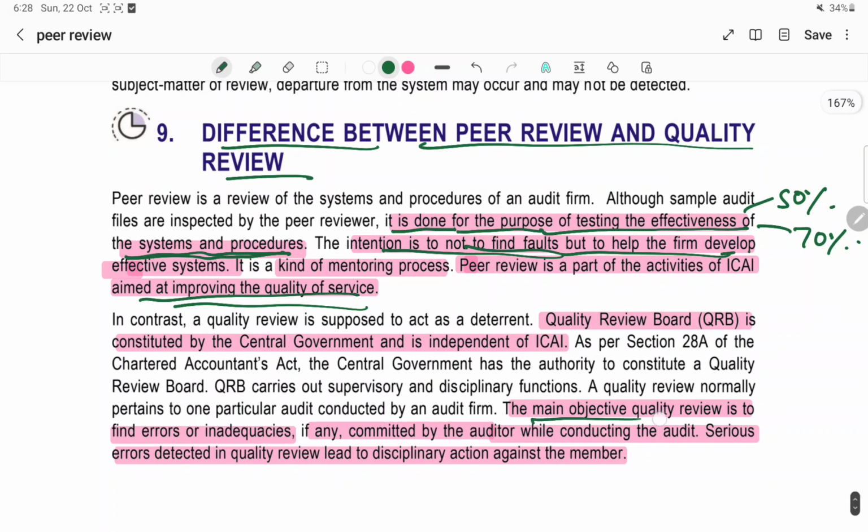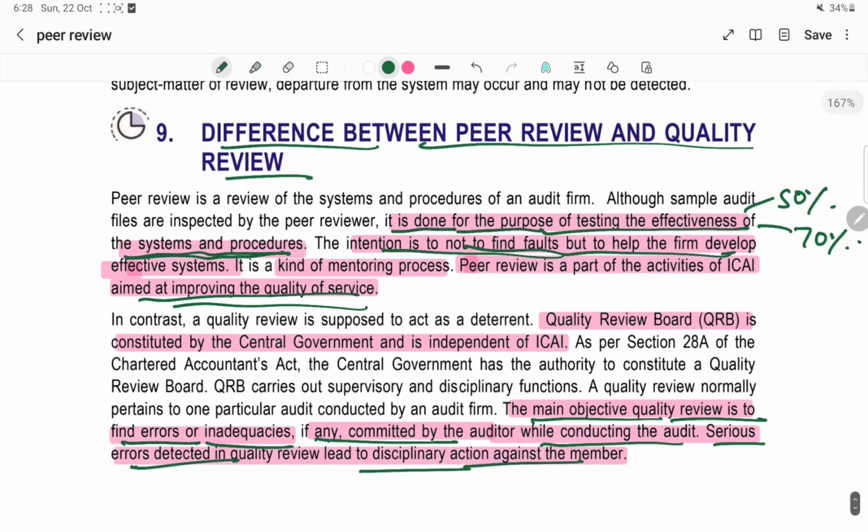But here the objective of quality review is different. Here it is just opposite. It is to find the deficiencies, to find the errors. And if any serious error is committed by the auditor while conducting the audit and is detected, it will lead to disciplinary action. So this was the first point of difference.